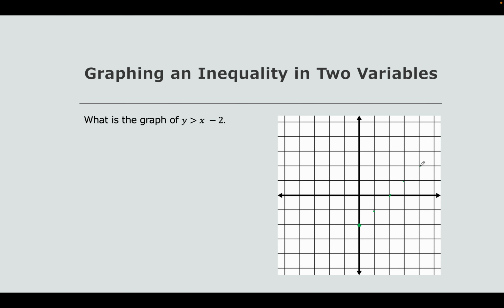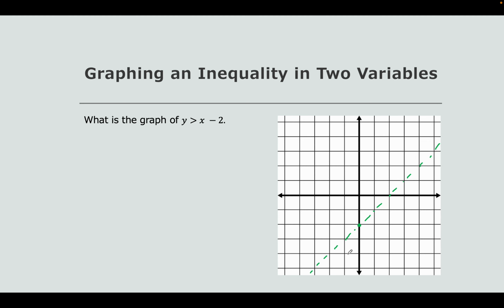Then, because this doesn't have an equal sign underneath it, the way that they notate that it is everything except this line is we do it in dashes. And we go all the way out to the edge of the graph.